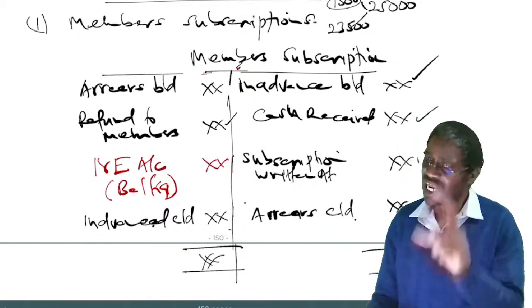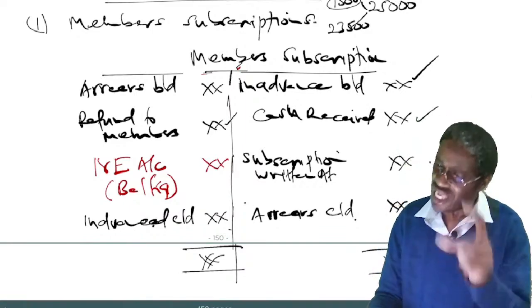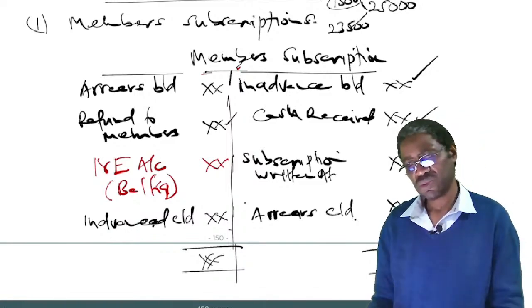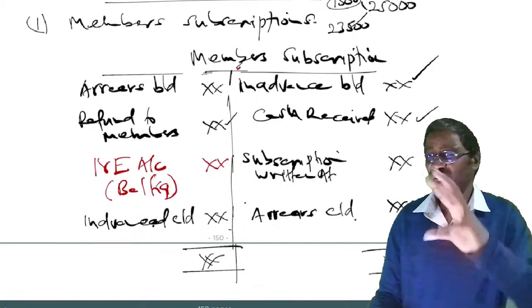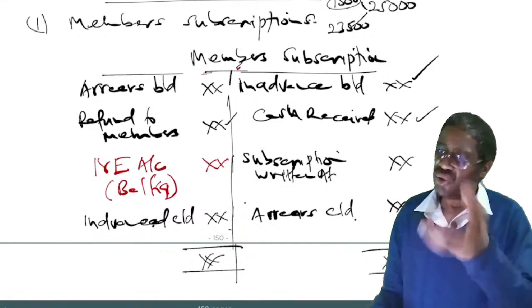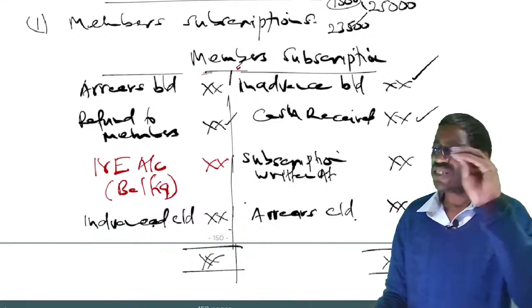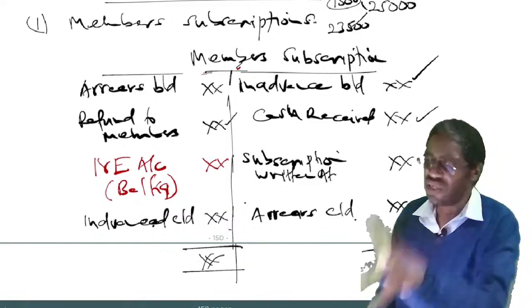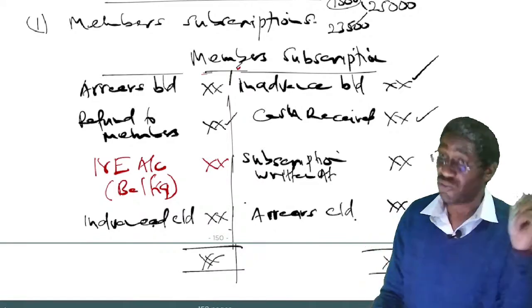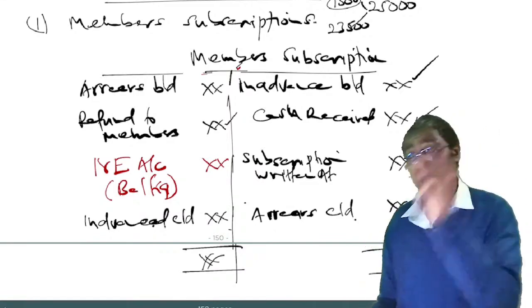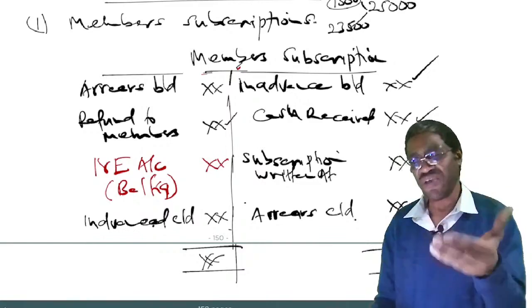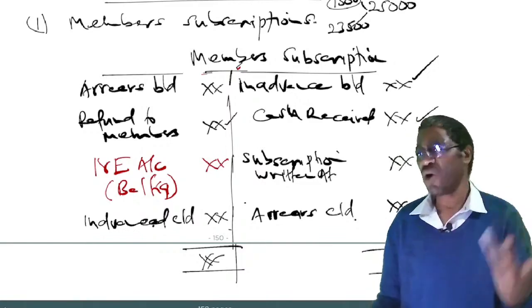Then I've told you, if there are some subscriptions that are to be written off as bad debts, you will read the question. Maybe you will be told, like I was trying to explain, that the amount owing by the beginning was 2,000. Out of that 2,000, we received only 1,500, meaning that there was an extra 500, which is still owing for more than a year.